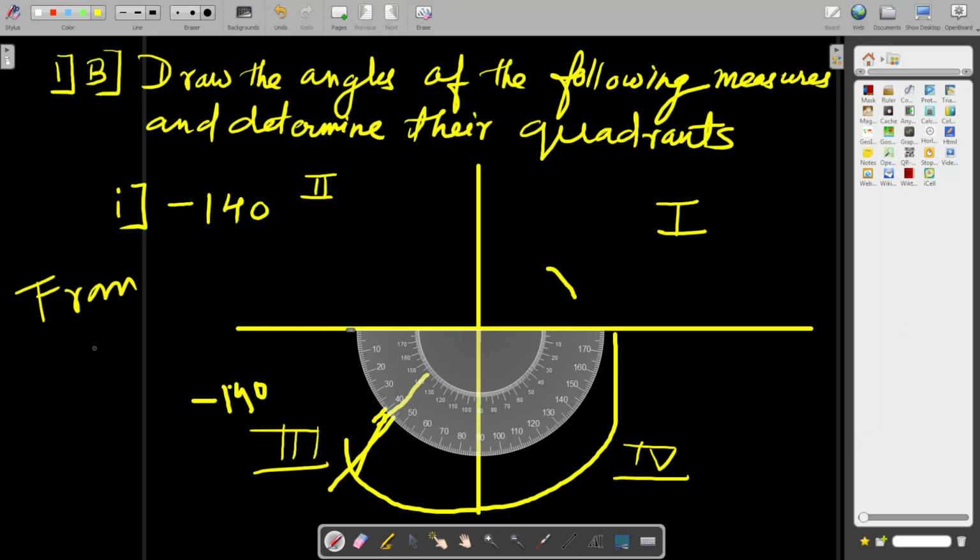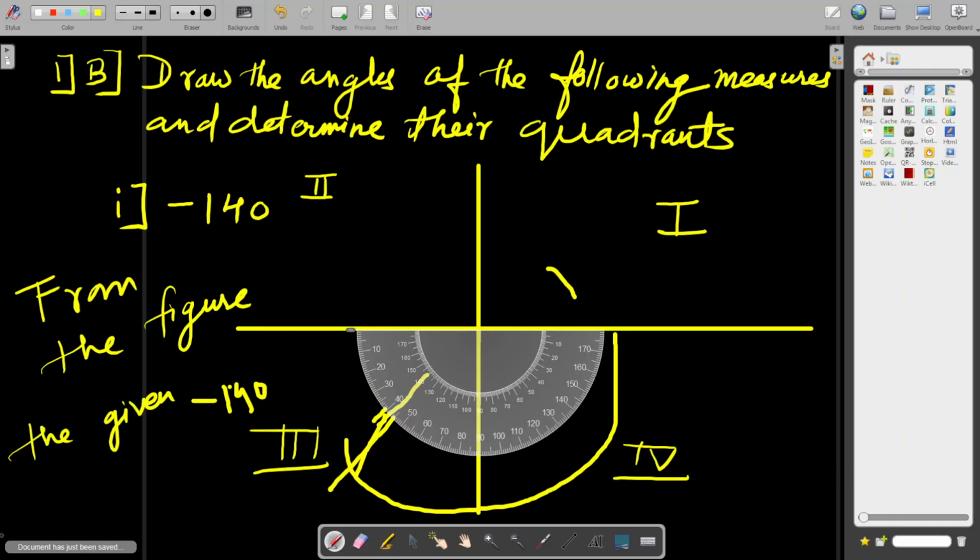So we can write: from the figure, the given angle terminates in third quadrant.